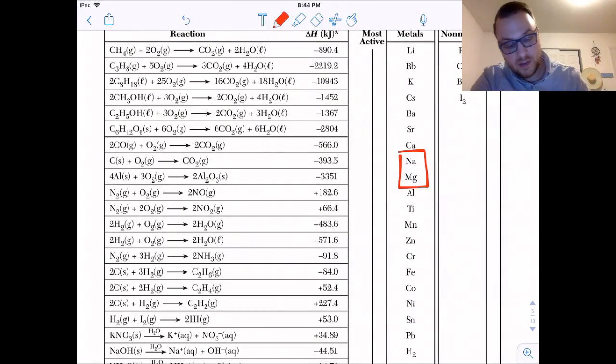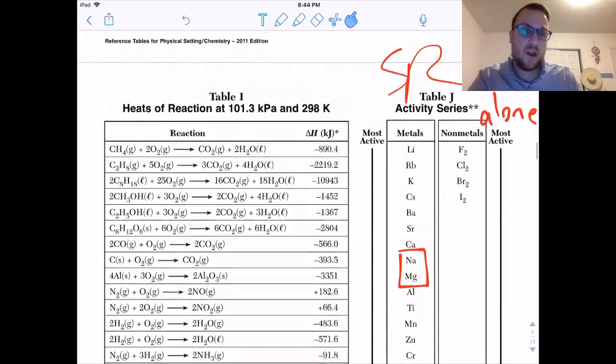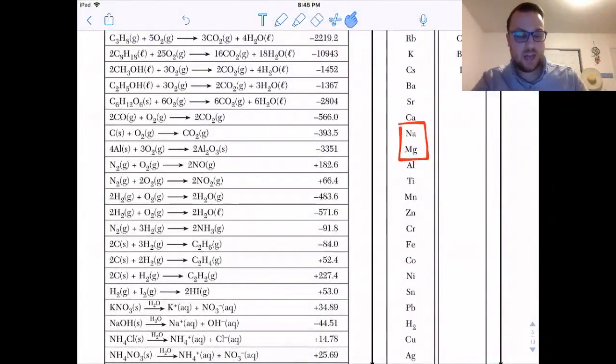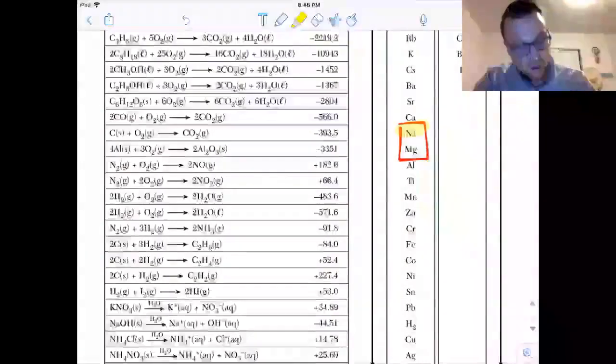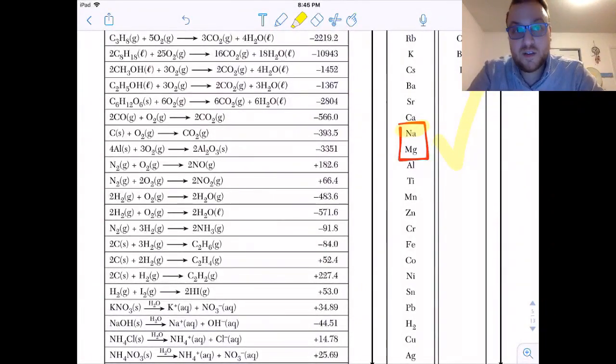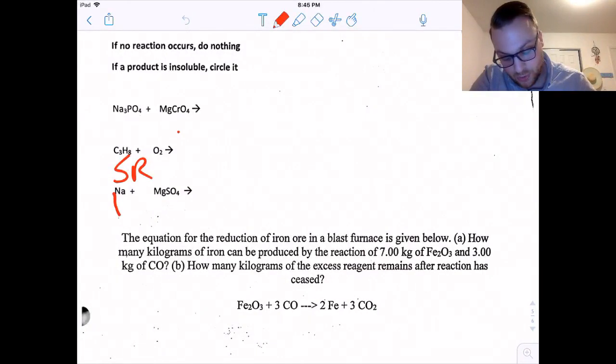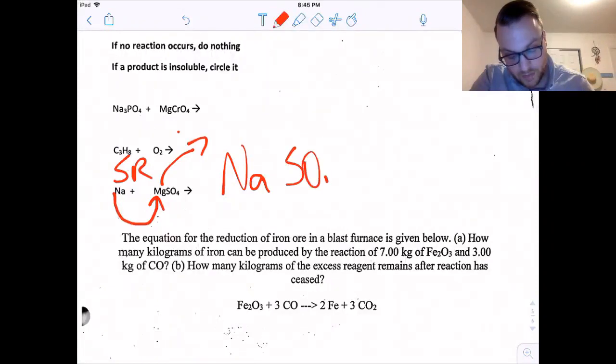If you shared 2 nonmetals in your reaction, look at the other side for fluorine, chlorine, bromine, and iodine. The trick here with table J, if the one that is alone, the one that is not in the compound, is more chemically active than the one in the compound, this reaction will occur. And in this case, sodium is more chemically active than magnesium. And since it is, sodium is going to come in and kick off magnesium and bond to sulfate in its place.